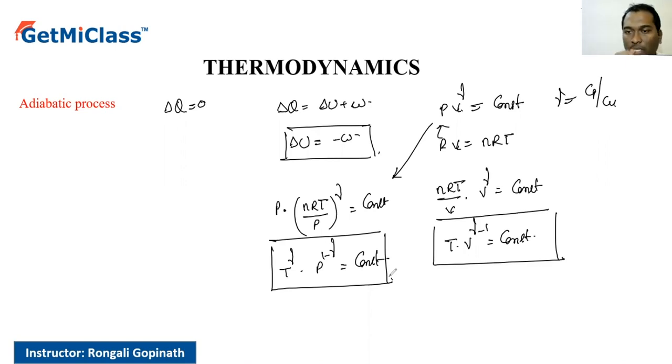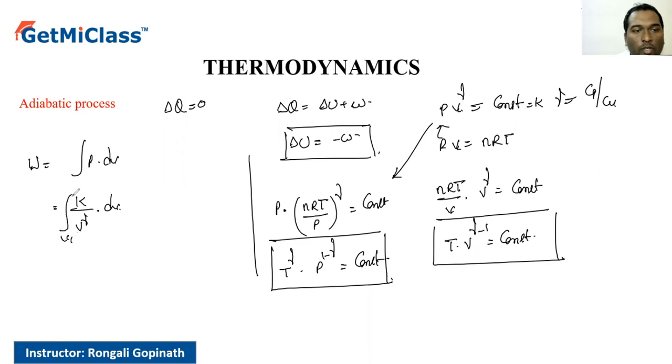The next part in the adiabatic process is, what is the work done? The work done formula is integral of P dV, but pressure is some constant over V^gamma. Let's call this constant K. K by V^gamma into dV, integral from V1 to V2. That is K into V^(minus gamma) dV.